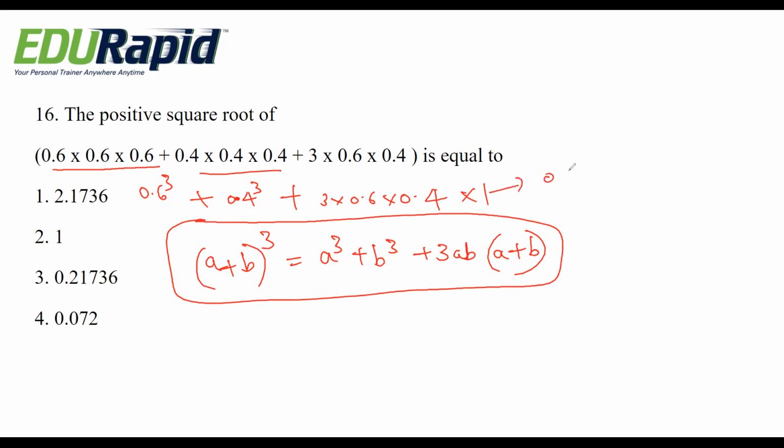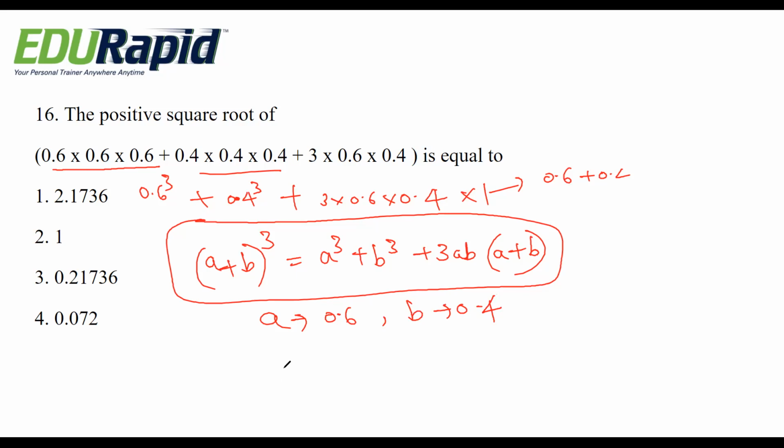Here a plus b means 0.6 plus 0.4, which becomes 1. So we can say that a is 0.6 and b is 0.4. They are asking for the positive square root of this number.